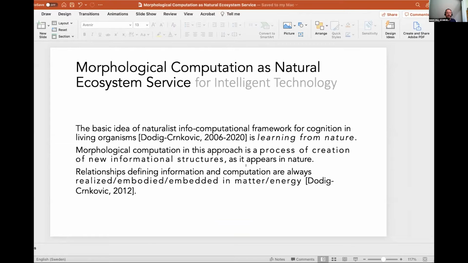So, to state the obvious, the basic idea of the naturalist info-computational framework, or of natural computing in general, is that we are trying to learn from nature.